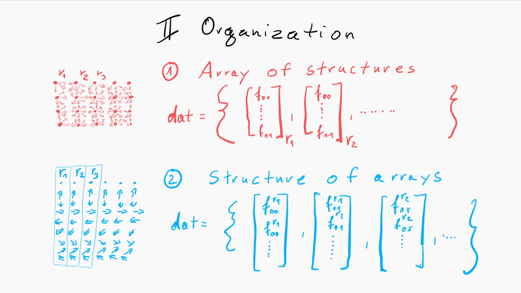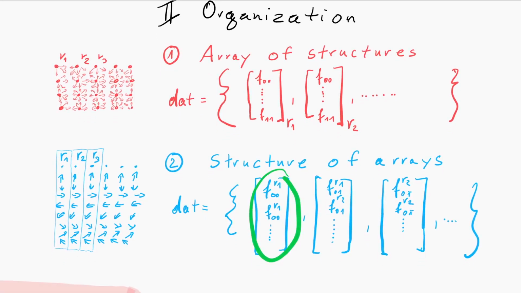And the other version, the structure of array, stores all the distributions or all the populations going in a certain direction in a list, including all the different nodes.